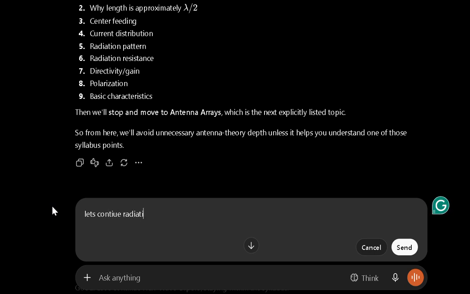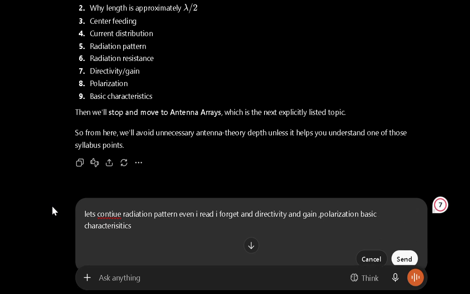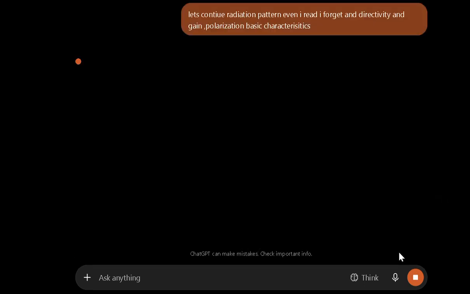Directivity is not gain, right? Polarization, basic application. I really forget. If you don't revise, you will forget. Our brains forget.